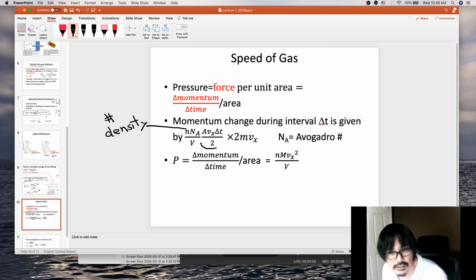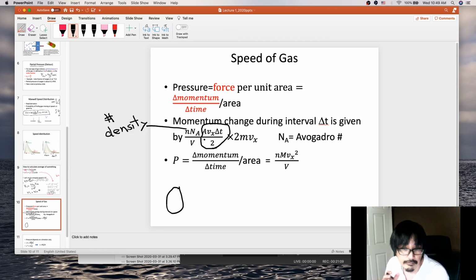And then what is this term right here? That's area multiplied by the velocities times the time interval. Velocity times time, which is just the distance, right?